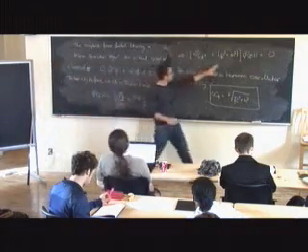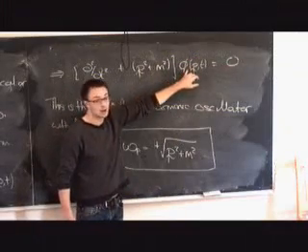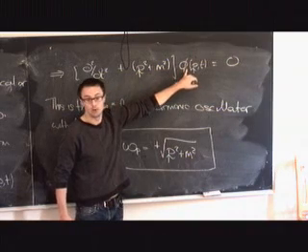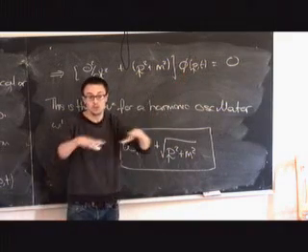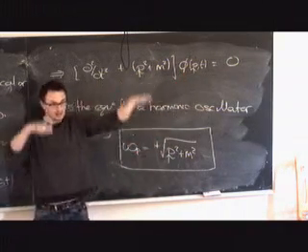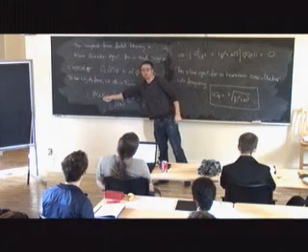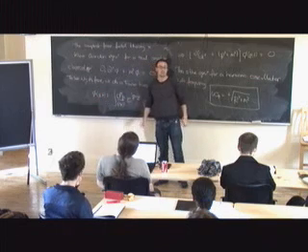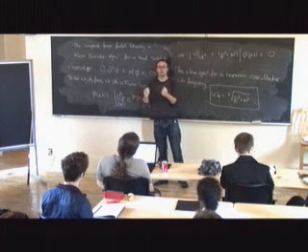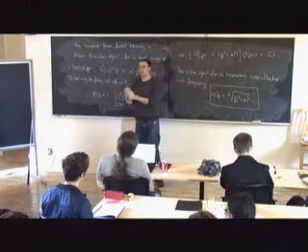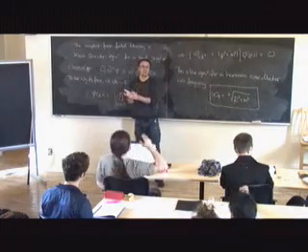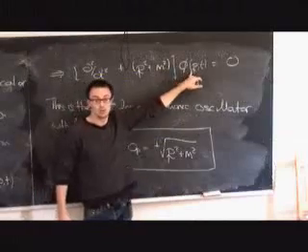The degrees of freedom which vary independently and don't couple to anything else are the Fourier modes phi of p. Each of these modes is oscillating at some frequency given by this. You add them all together, and you get the general solution phi of x. So this is what I meant earlier: from the infinite number of degrees of freedom, if we figure out what the right coordinates are, we see that they actually evolve independently. These are the right coordinates.